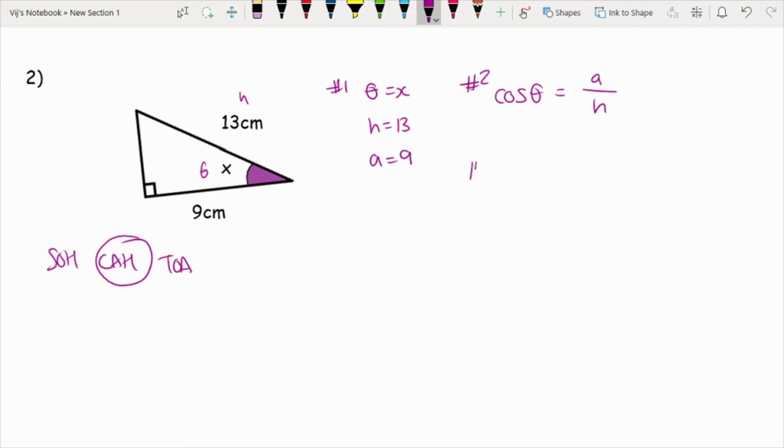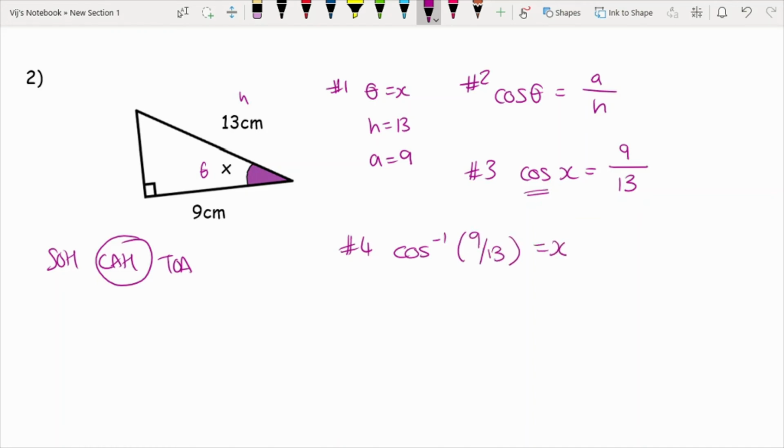So then the third step, I just need to substitute the numbers in. So I've got cos x equals 9 over 13. And then step 4 is what I then need to do to get rid of the cos. I need to use the inverse function of cos of 9 over 13. And that all equals x.